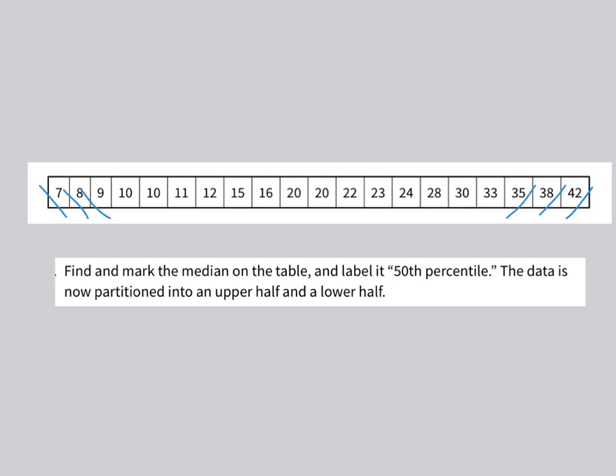I'm just going to keep on marking until I reach 1 or 2 middle numbers. What I'm trying to do here is find the middle. And I stop right here. I have 2 middle numbers. I want to find the number exactly in the middle of those 2. That's going to be the median. So my median is going to be right there. That's going to be 20.